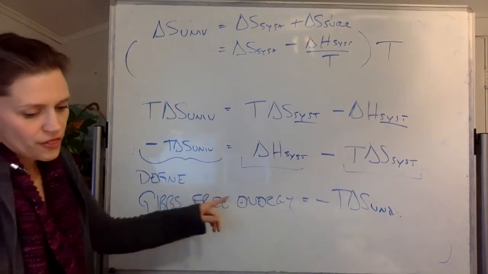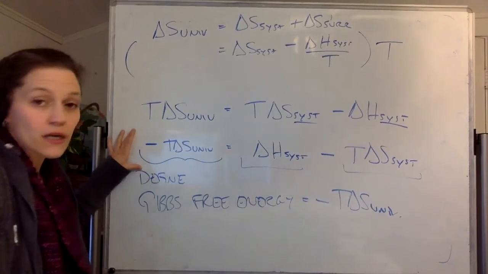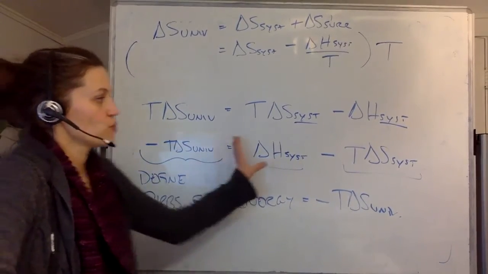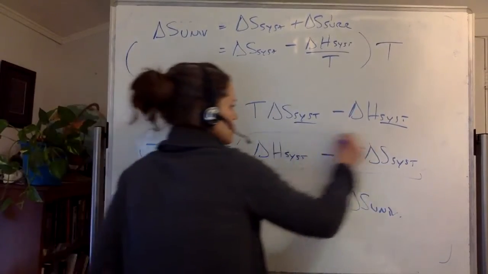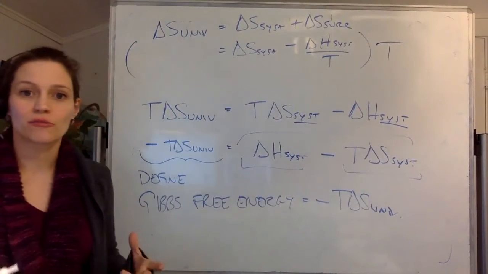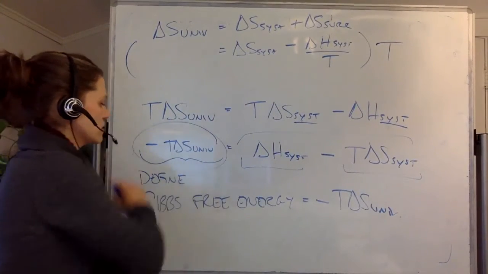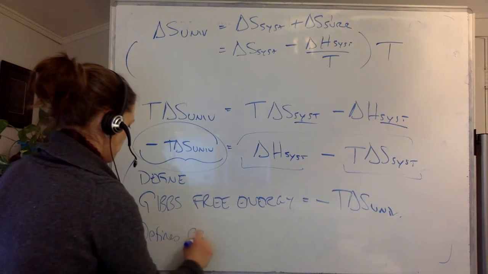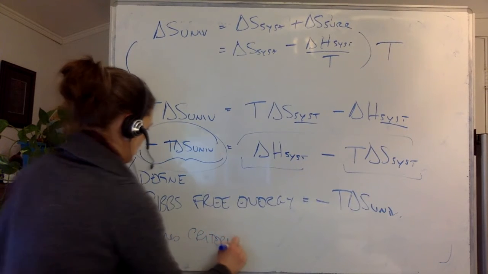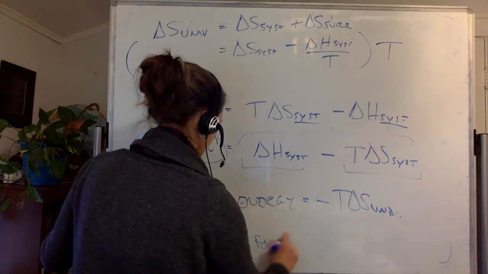And so this then becomes the criterion for spontaneity of the right-hand side of the equation of the system. So this contains all the quantities associated with my system, and this defines the criterion for spontaneity.